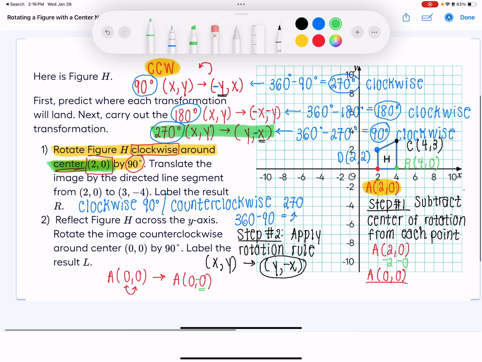So we're going to keep it as 0, 0. And then we're going to do step number 3. So we're almost there. After applying the rotation rule for step number 3, what we're going to do is add back the center of rotation.